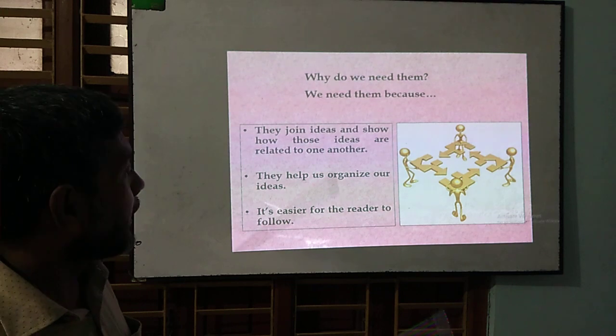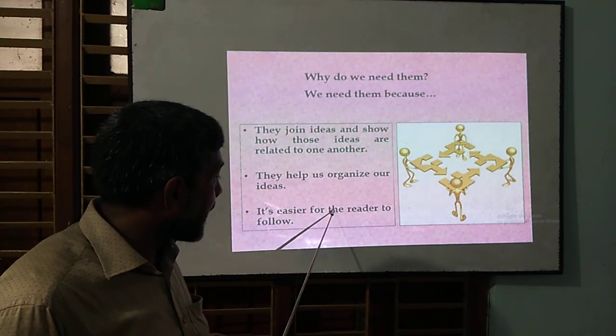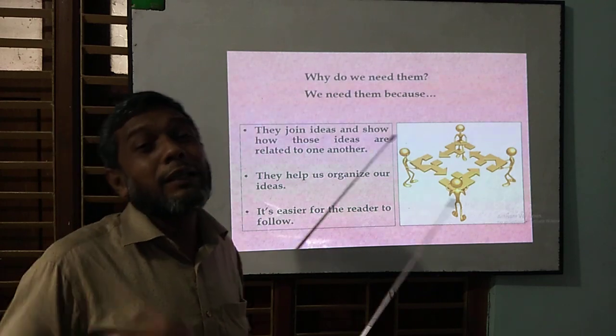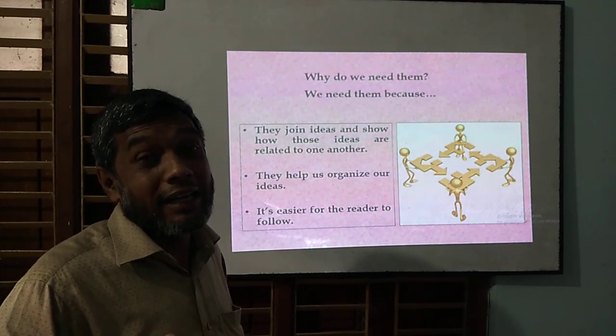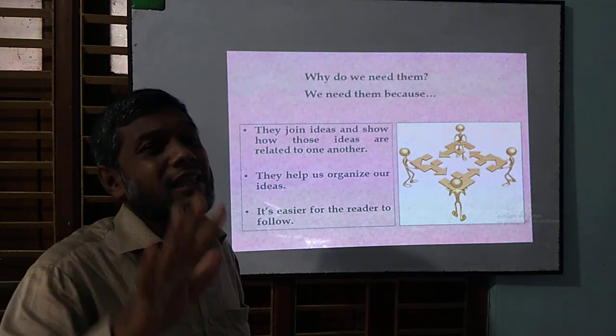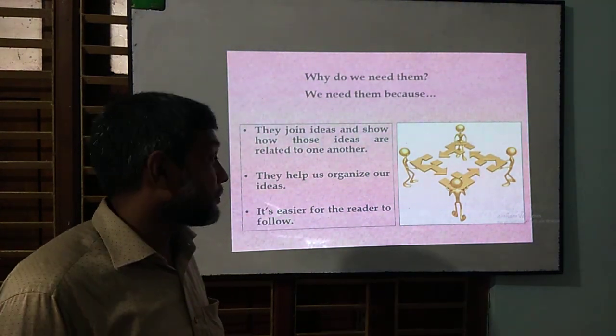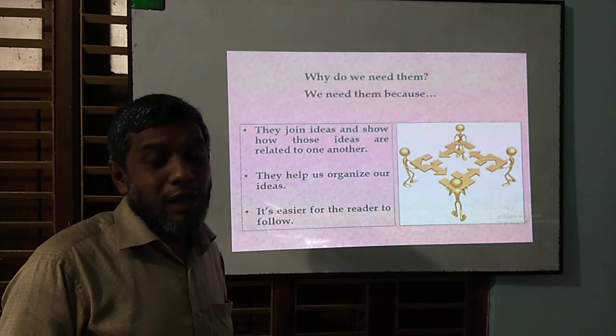Another function: it is easier for the reader to follow. If I use connectors in any of my lectures or sentences, if I organize the sentences by using connectors, then it will be easy for a reader to understand.